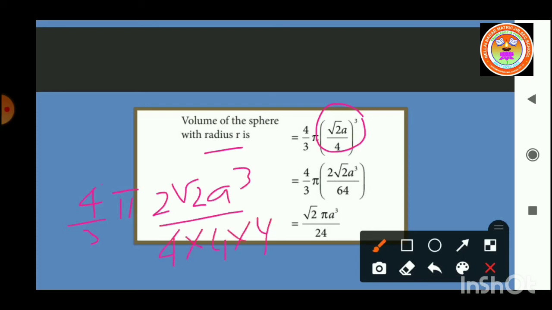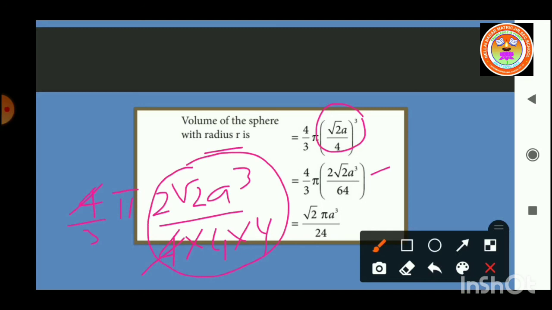So 4 by 3 pi, 2 root 2 a cube divided by 64.